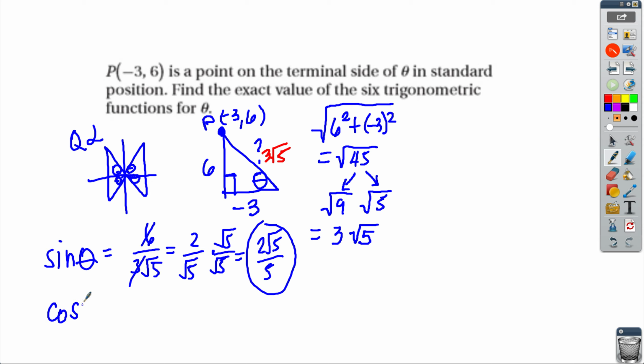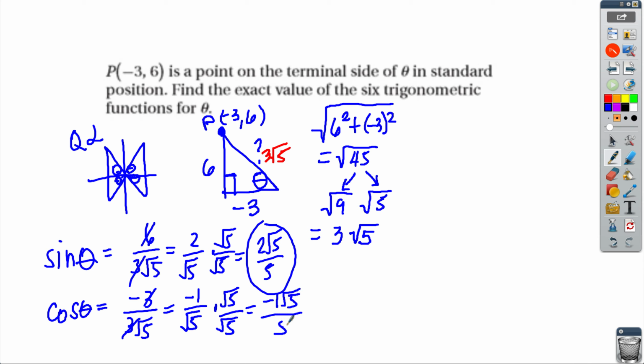All right, let's bring you closer to the next step. Cosine theta, let's look for cosine theta. Cosine theta is the adjacent side, -3, over 3 root 5, like so. Let's simplify. 3 and 3 can be divided, so you have -1 over root 5. Once again, you need to rationalize. Rationalizing gives -root 5 over 5, or simply you can say cosine theta is -root 5 over 5, and that's okay.